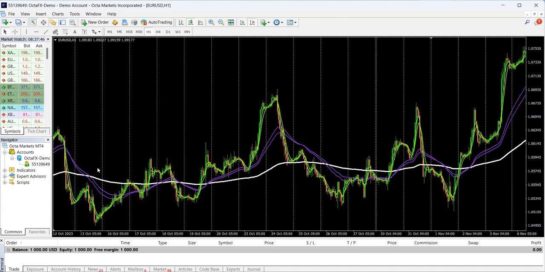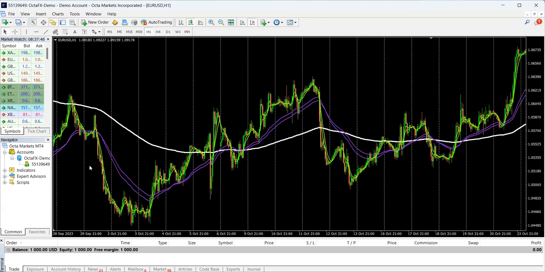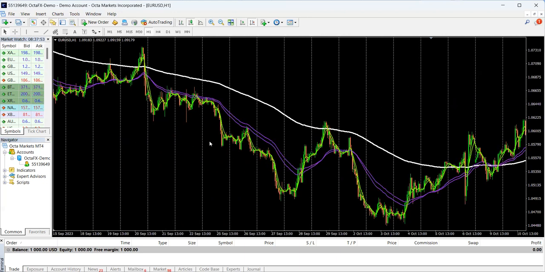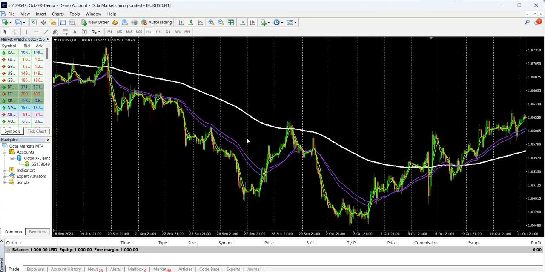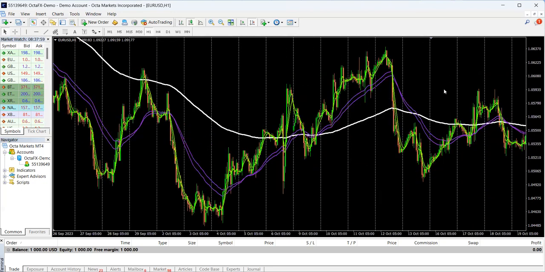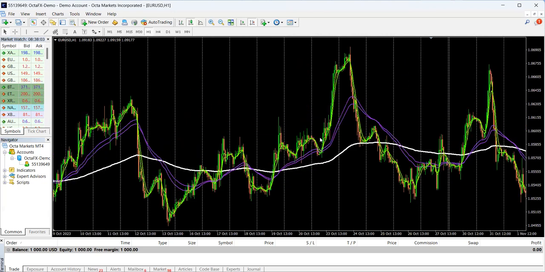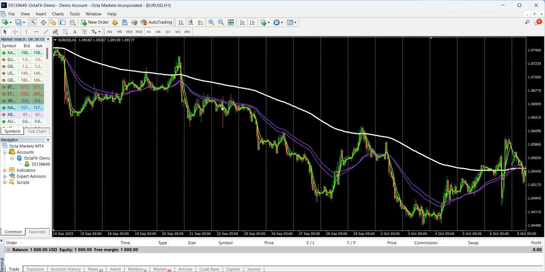If our setup forms below EMA 200, we only look forward to sell trades. If above EMA 200, we are looking for an opportunity to go long. But if it is below the EMA 200, remember our EMA 200 is the white line, we are looking at a typical sell trade opportunity.